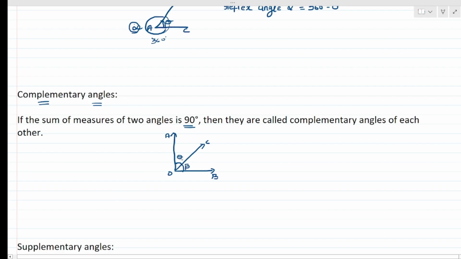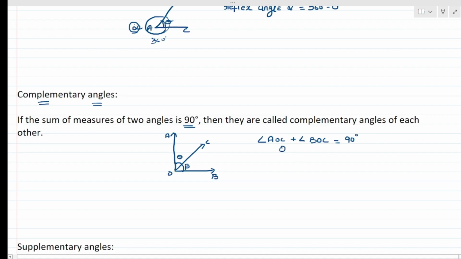If the sum of measure of two angles is 90 degree, that means the summation of angle AOC plus angle BOC, this angle AOC and this angle BOC, will always be equal to 90 degree.